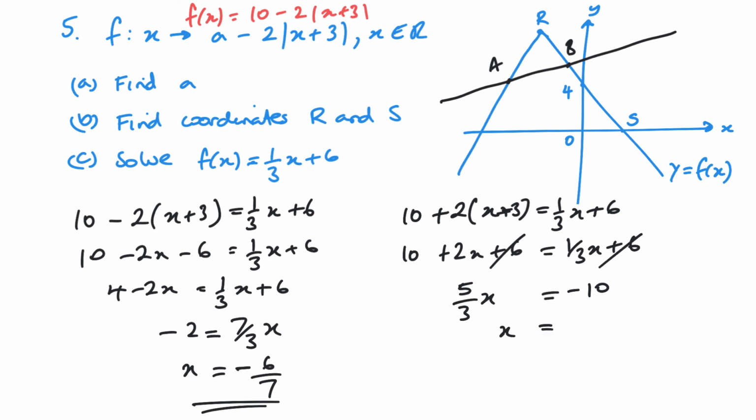Divided by 5 I get minus 6. There's my 2 x values. But obviously I need the... Oh no, that's all I need, just to solve it for x. Thought I needed the full coordinates then. So that's it.